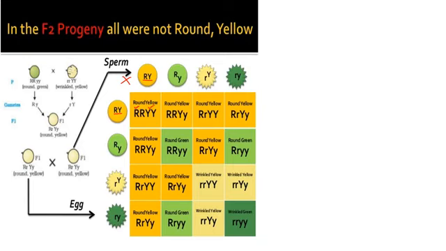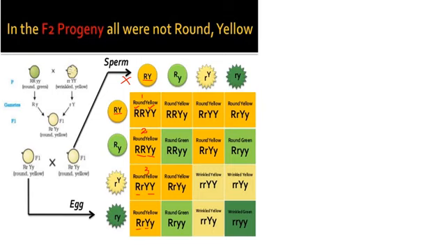So wherever you find capital R, a dominant character, and capital Y, a dominant character, you will find these traits, that is round and yellow. So there is one round and yellow over here, and another round and yellow, as you can see from the genotype. Here also another round and yellow, though small r is there, but that is a recessive trait. So this is the third one, and again round and yellow.